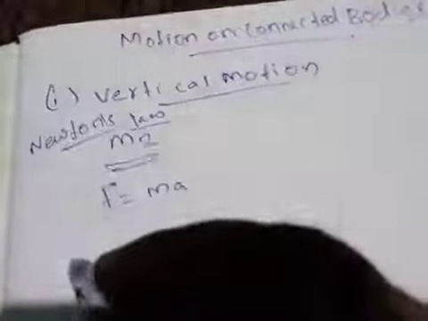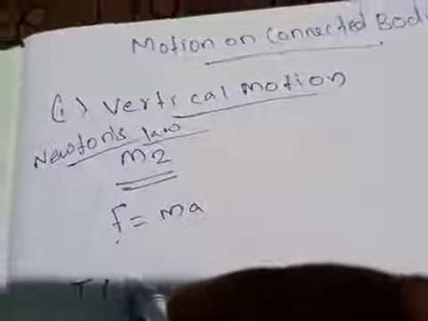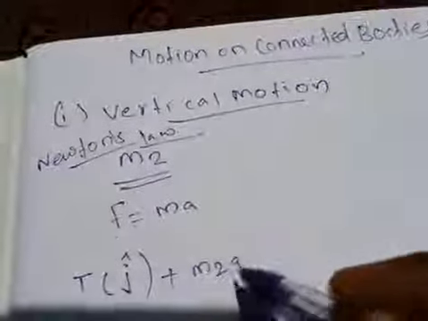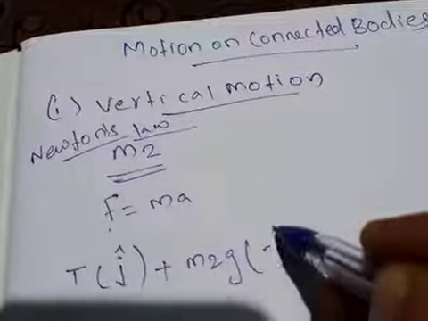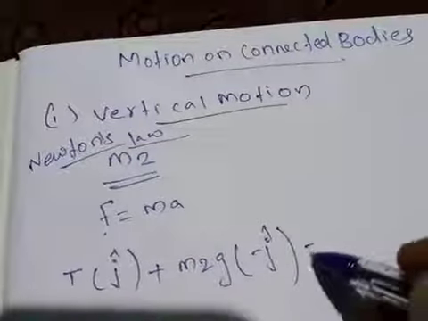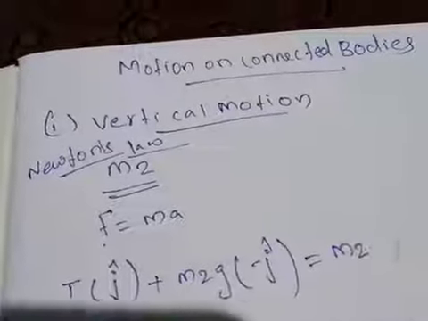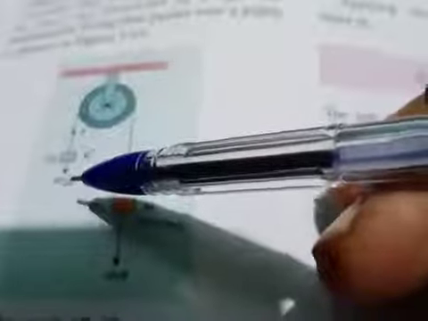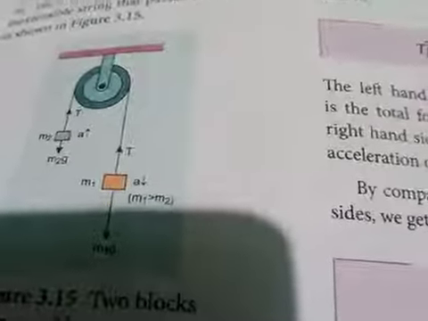Tension acts in the direction of the j unit vector, plus M2G acting in the direction of minus j unit vector, is equal to mass M2 times acceleration. Mass M2 will move in the upward direction, so the acceleration is upward, in the direction of the positive y axis.